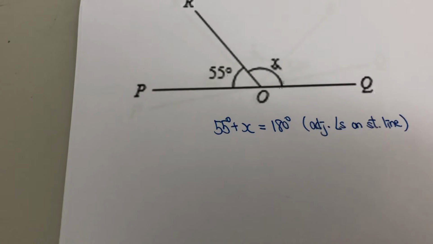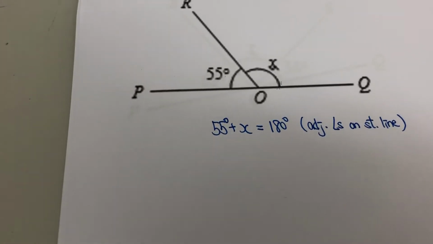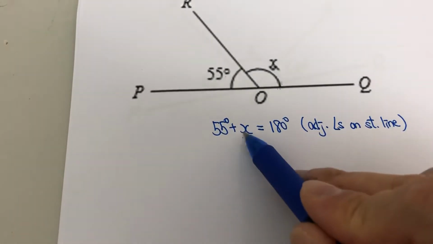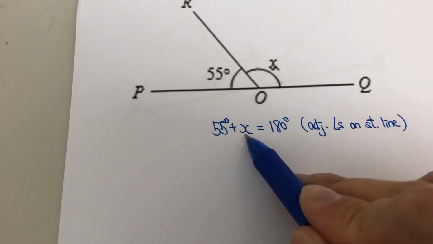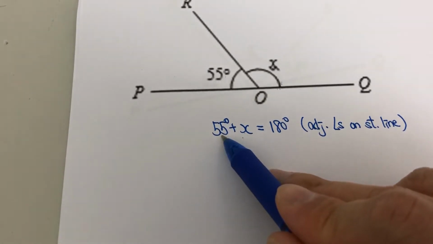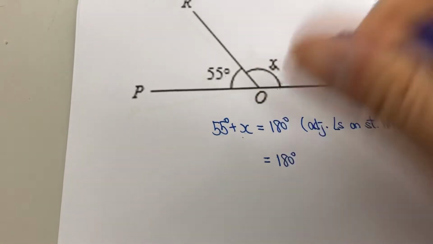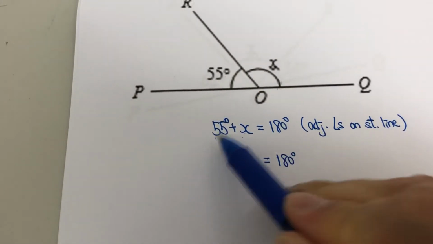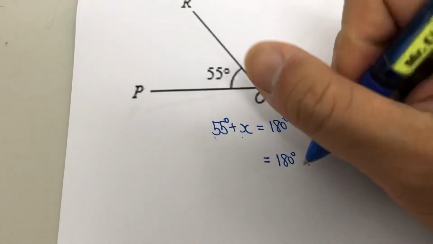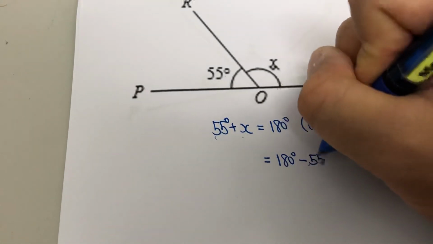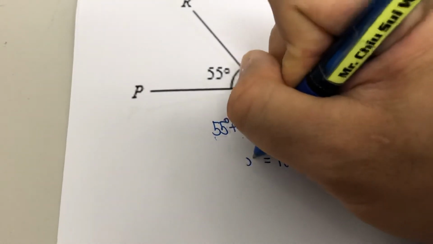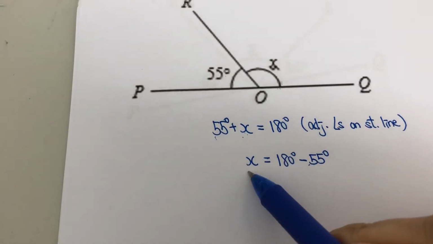So after that, we have to continue to solve and find the value of x. Since we want x only, we don't want to have the 55. Therefore, you should try to move the 55 positive to the other side, and it becomes negative 55 degree. So we have only x left behind on the left hand side.